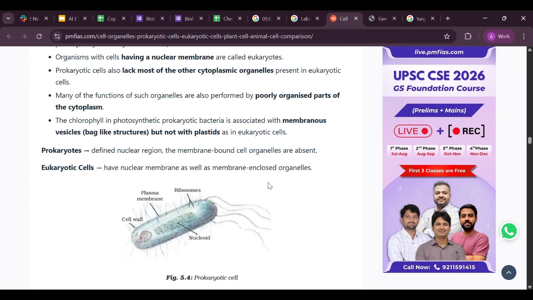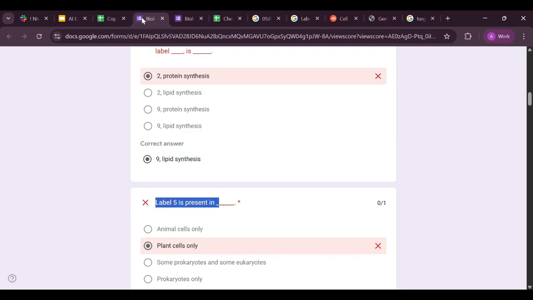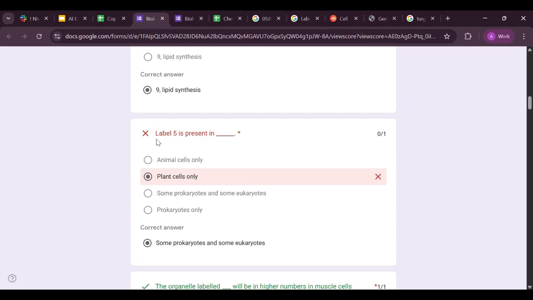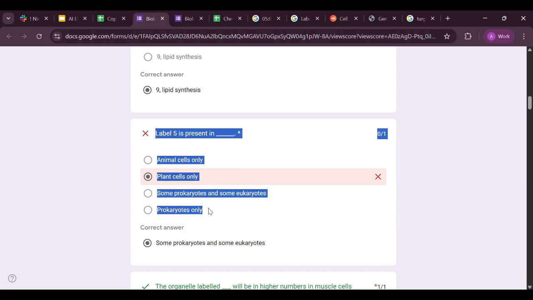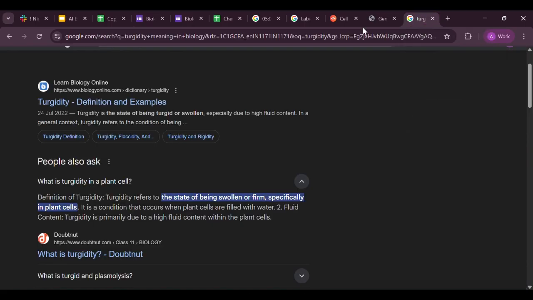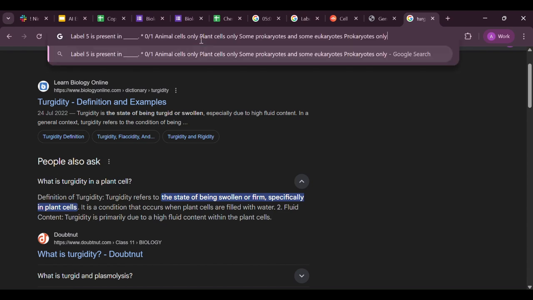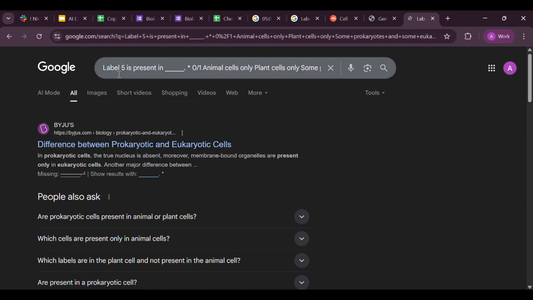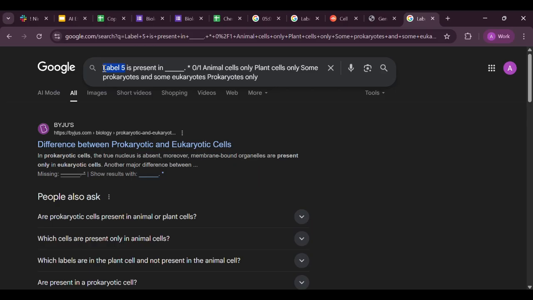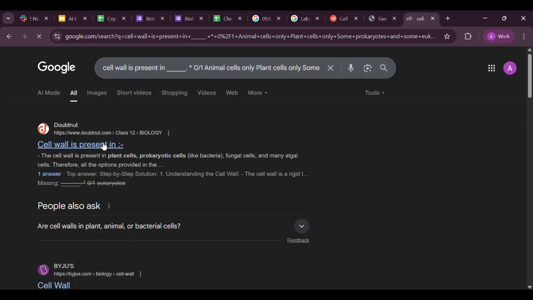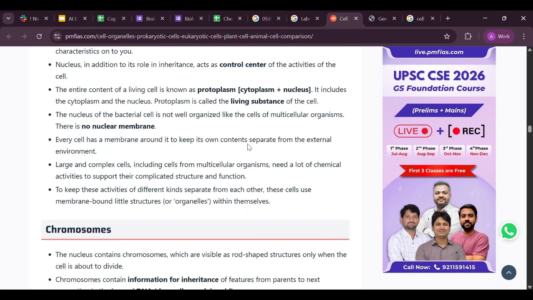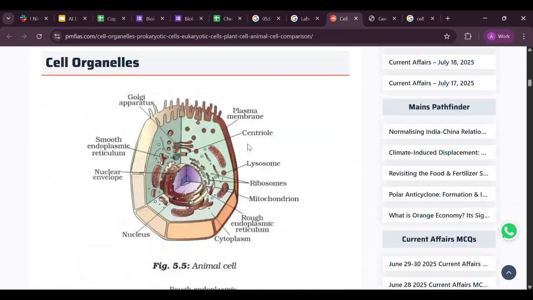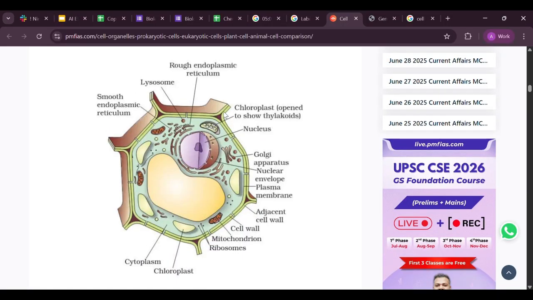Okay, we will copy and paste the whole question here. Label 5 will be cell wall. Is it cell wall exactly? Let's check it again.